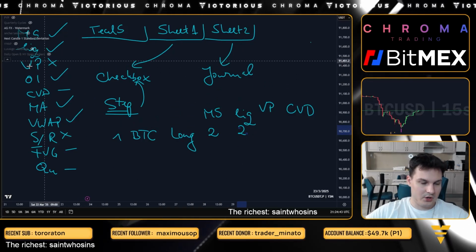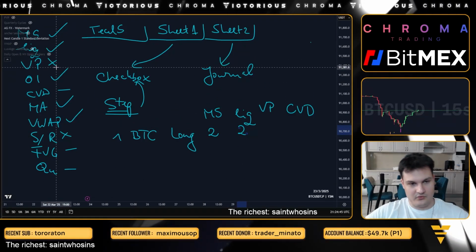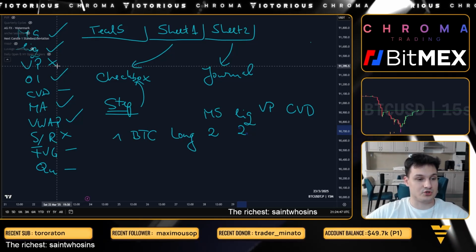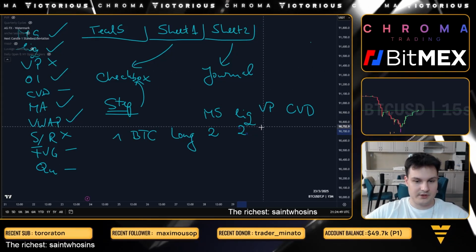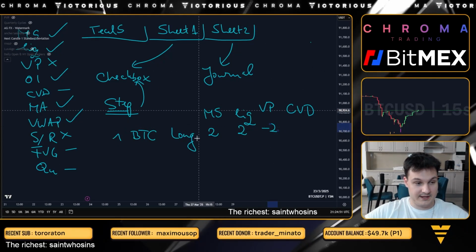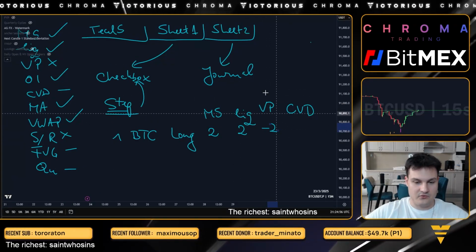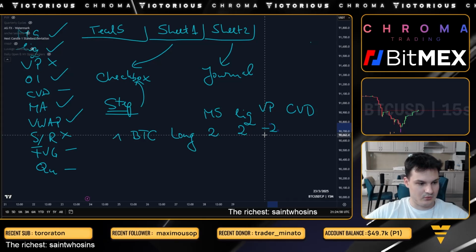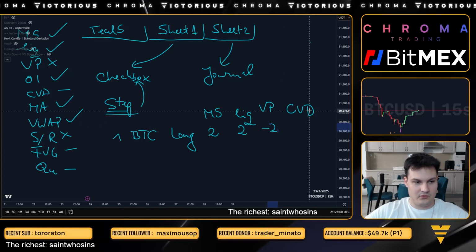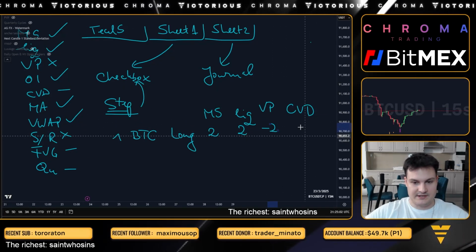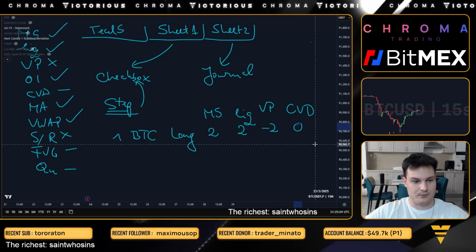We didn't have a volume profile. Actually, the volume profile told us to short. So what will we put? A -2, because we went long against the volume profile and we got a 2R win. So for the volume profile, it's gonna be a -2. And for CVD, because CVD told us nothing, it's gonna be a 0.